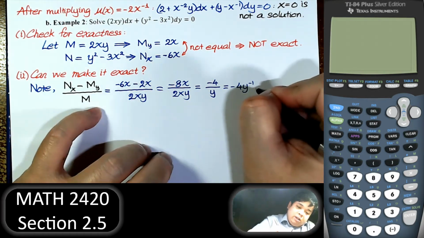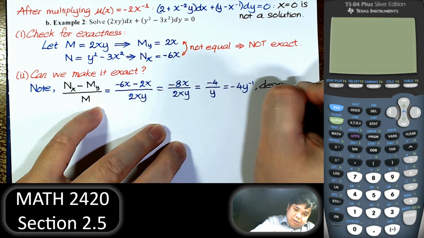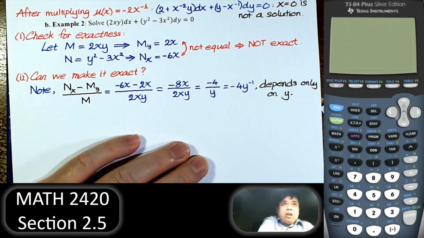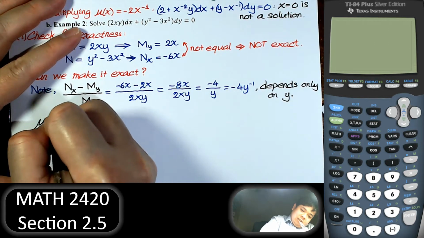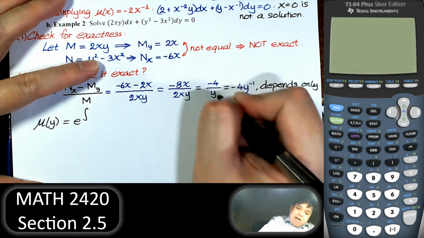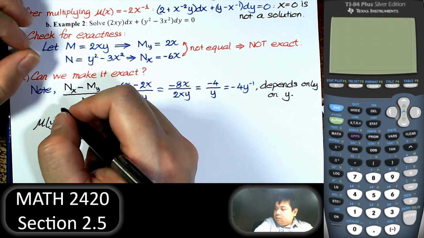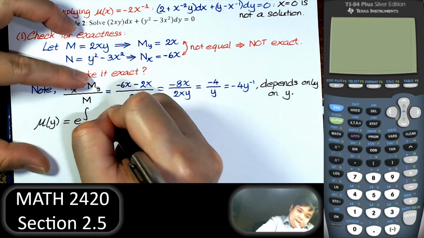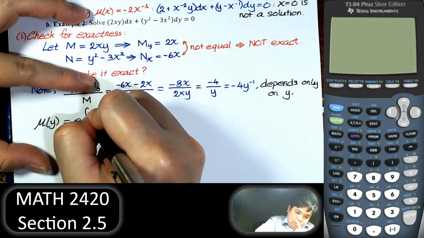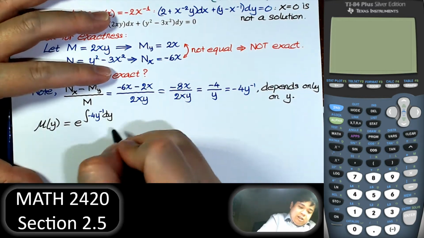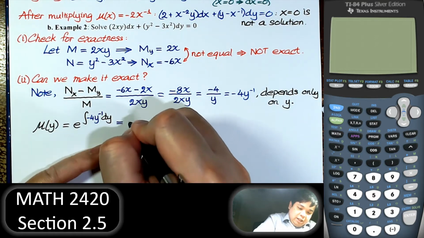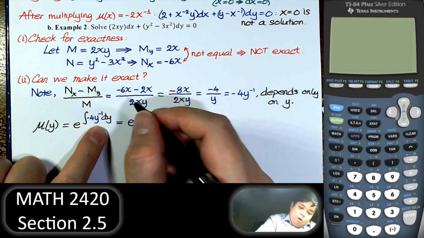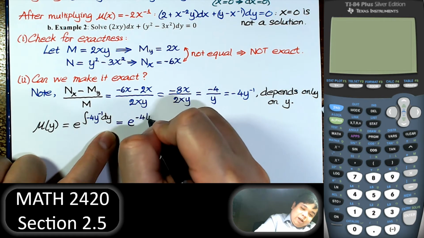This only depends on y. So we would have the integrating factor of that: the integral of negative 4 times y to the negative 1. The integral of y to the negative 1 is ln of the absolute value of y.